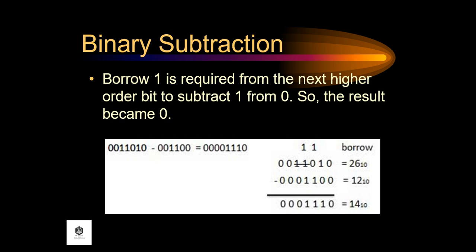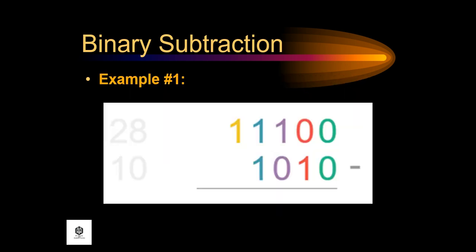For example, 0011010 minus 0001100 is equal to 0001110 or 14 in decimal.